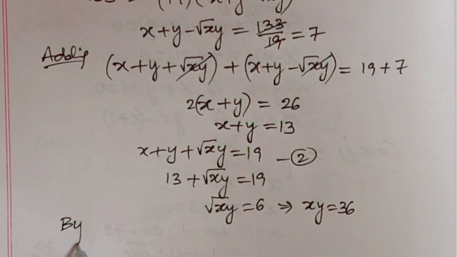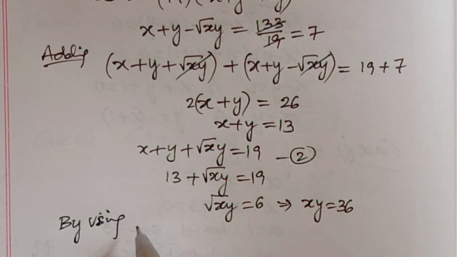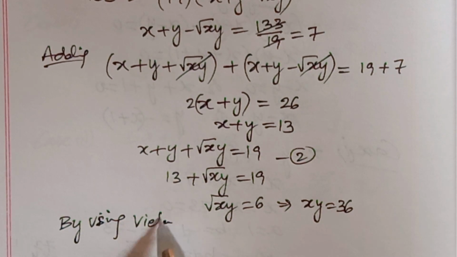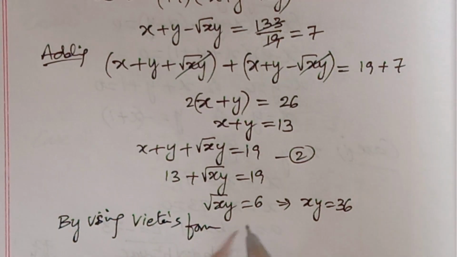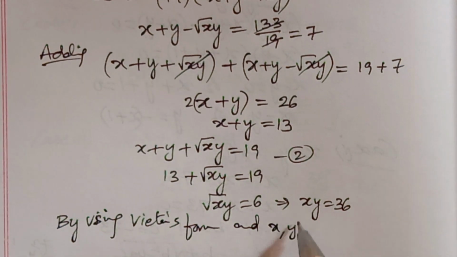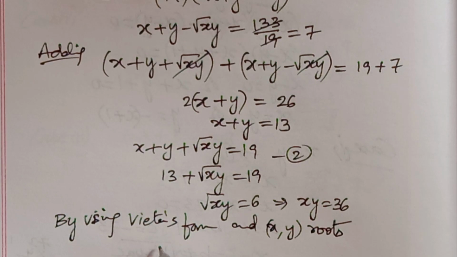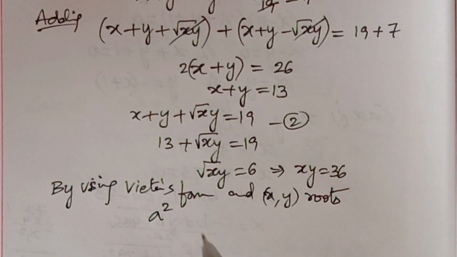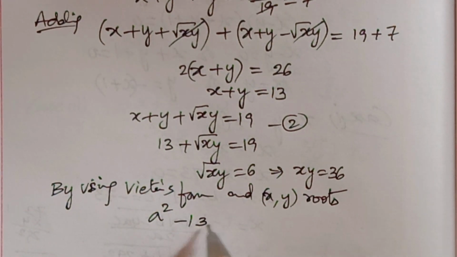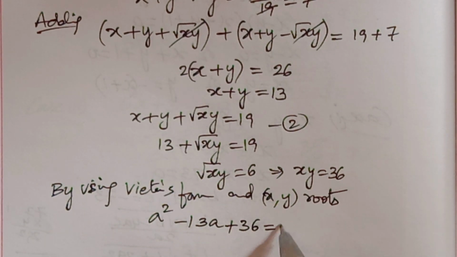Now by using Vieta's formula, with x comma y as roots, a square minus 13a plus 36 equal to 0.